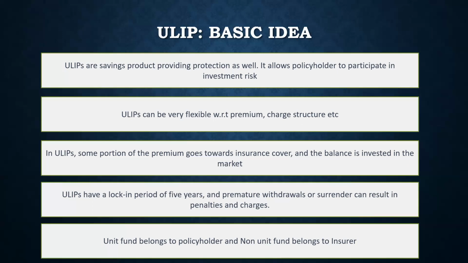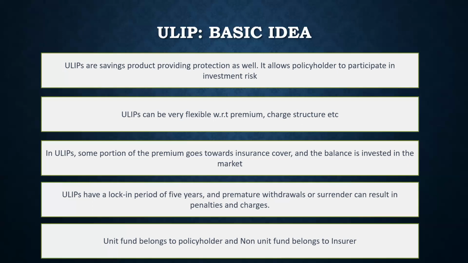So moving on, in ULIP, some portion of the premium goes to the insurance cover because it provides protection, and some portion would be invested in the market, right? Whenever you put in a premium, there would be some charges. Those charges would go to the non-unit fund, right? So a ULIP product has two funds. One is called the unit fund, in which, suppose you put 100 rupees, 20% would be deducted.